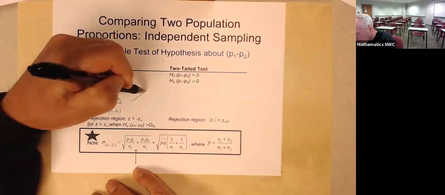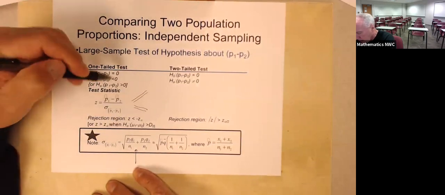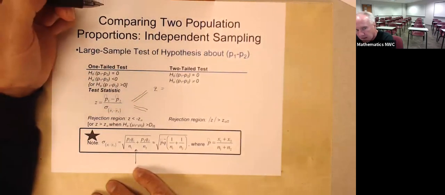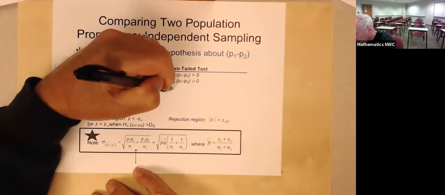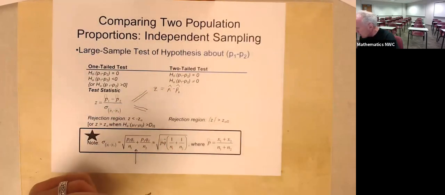So what that means, I'm going to split this z-score. It is going to be P1 hat minus P2 hat, as we mentioned there.